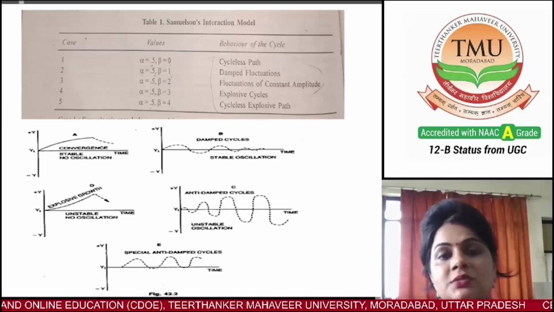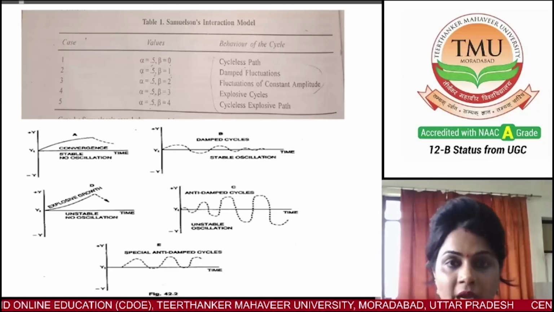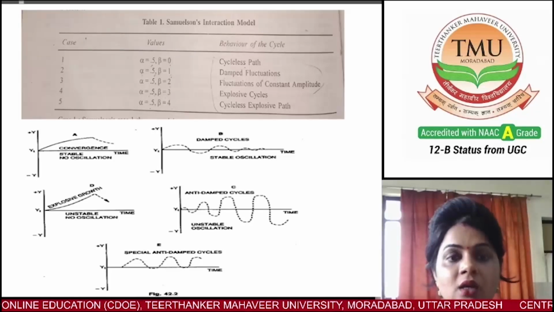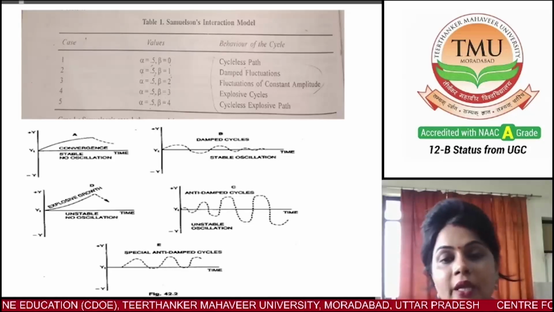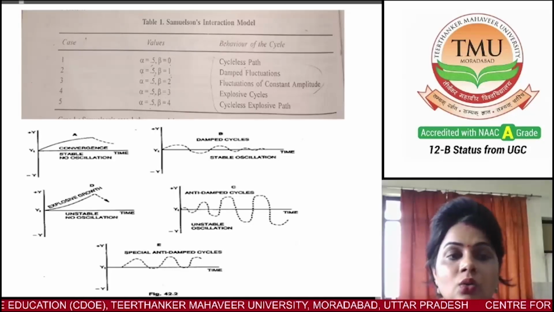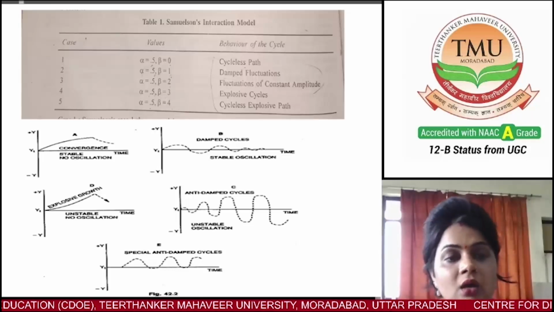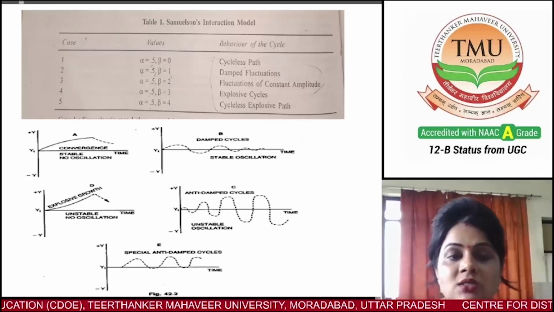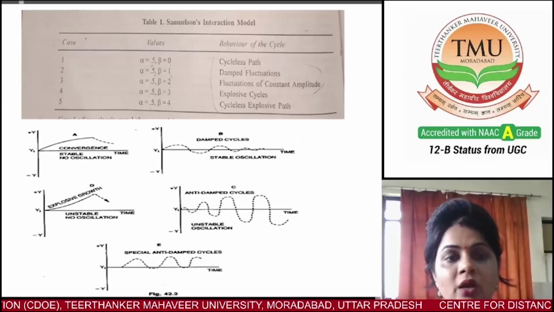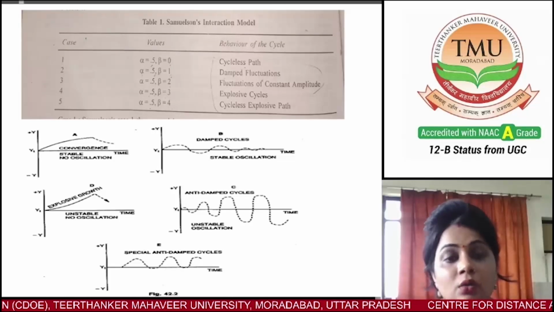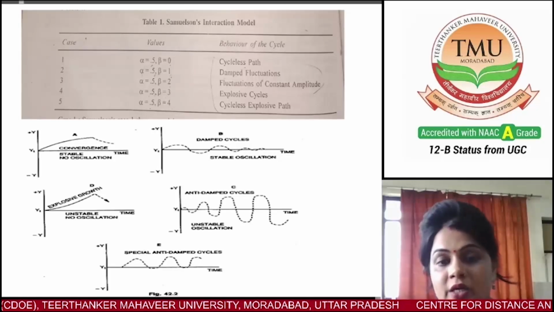In the second case, this gives us damped cyclical oscillations. In this situation, the income fluctuates through cycles of smaller and smaller amplitude until the cycle virtually disappears.